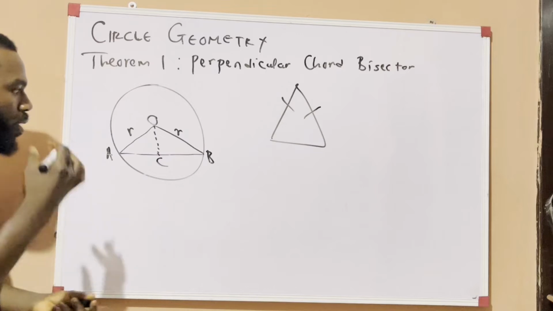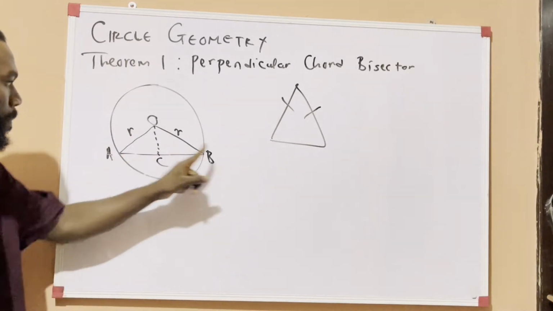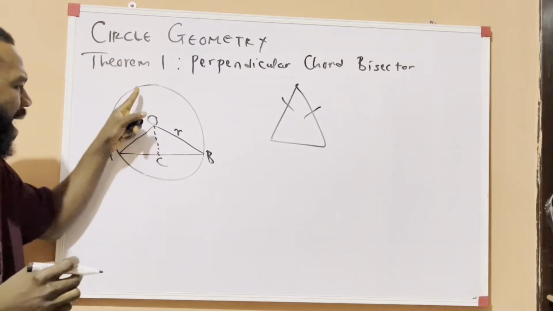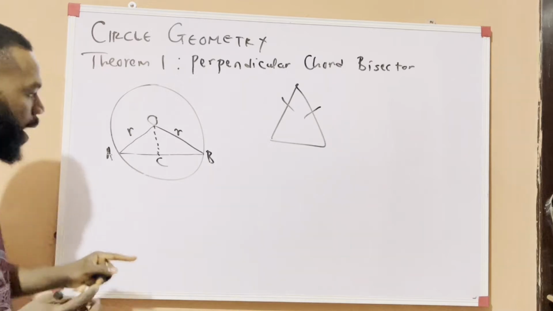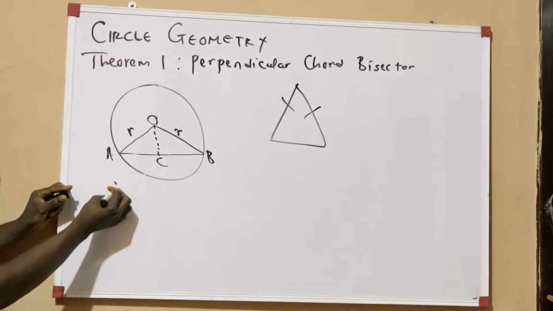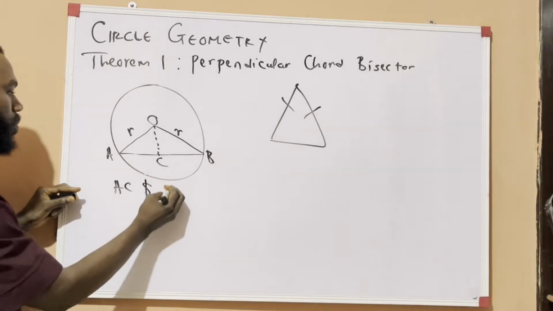Naturally, the total length of the chord is AB. But after we introduce the line which bisects the chord AB, we now have two lengths, AC and BC.